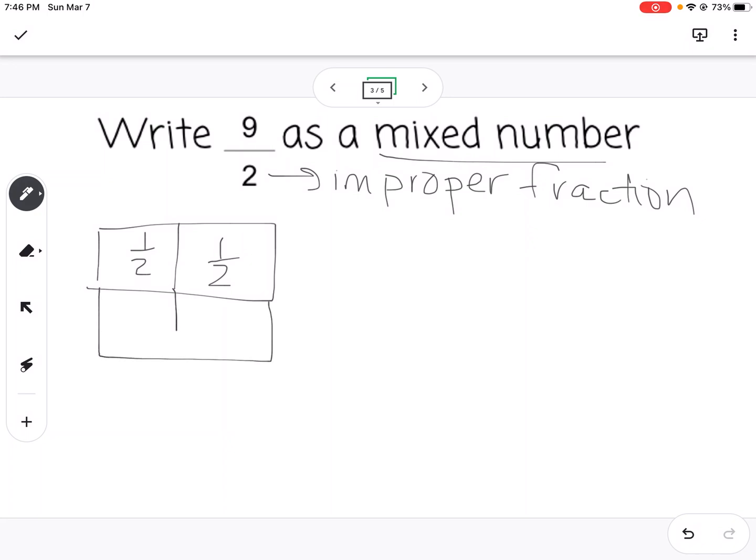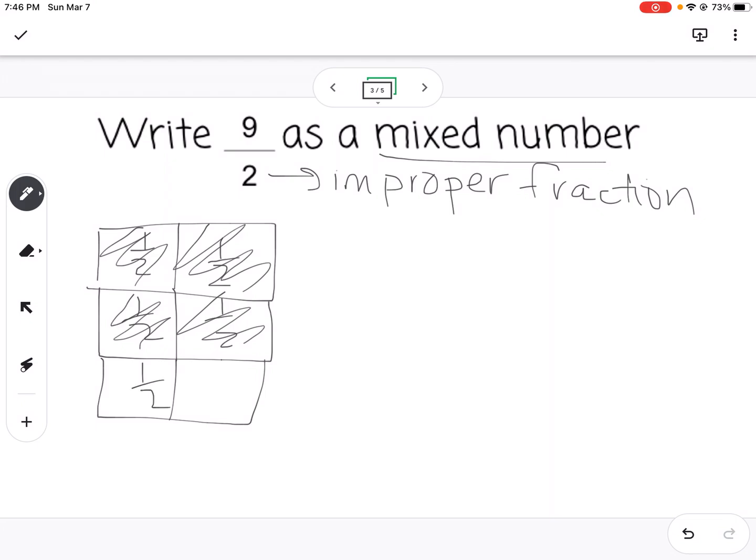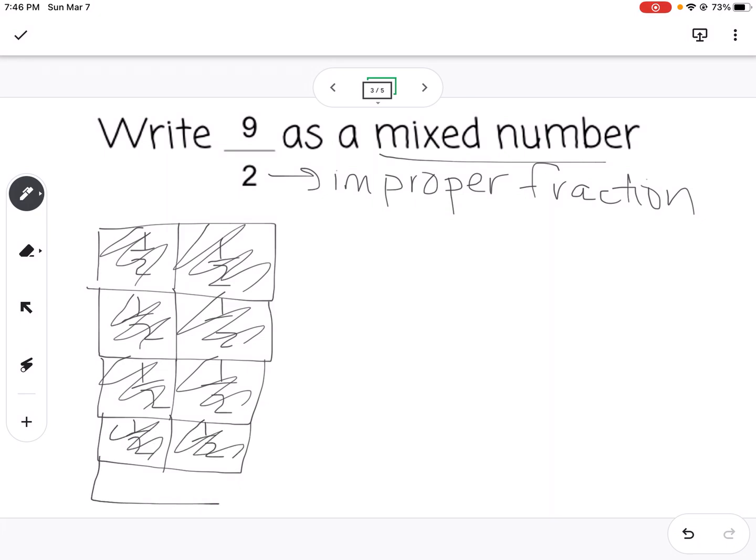So here are 2 copies. Here are 4 copies, 6 copies, 8 copies, and I need 9. Oops, not my neatest. So I can see here that each block is a whole.